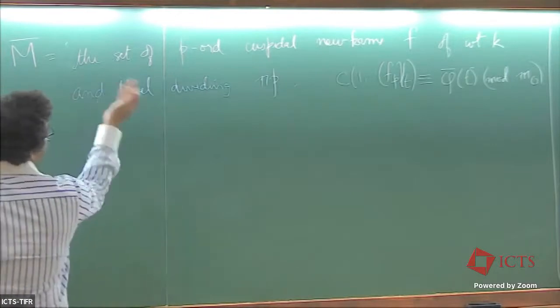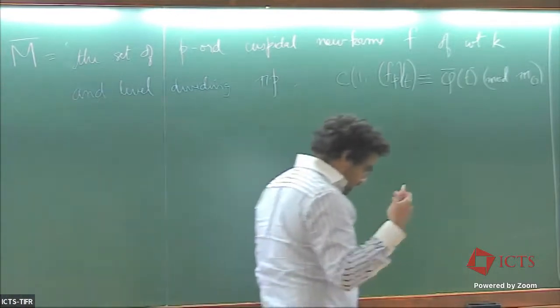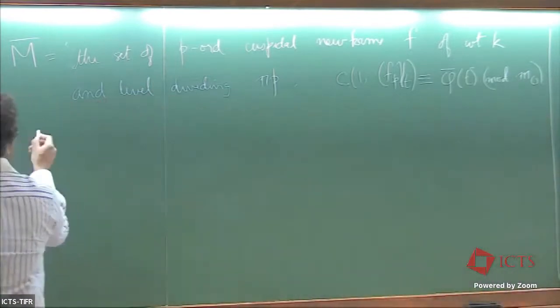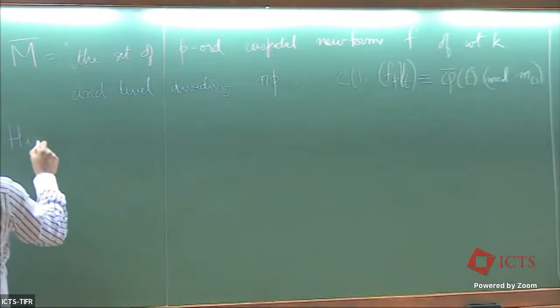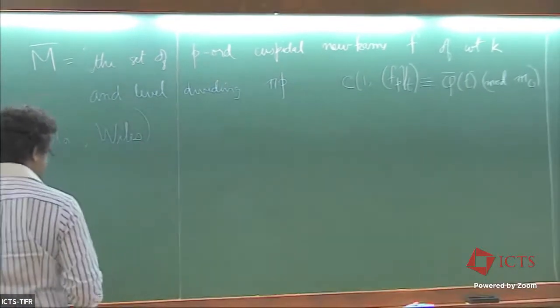So anyway, this is a finite set, and to each such newform there's a Galois representation attached. This is due to Hida and earlier in some cases by Wiles.